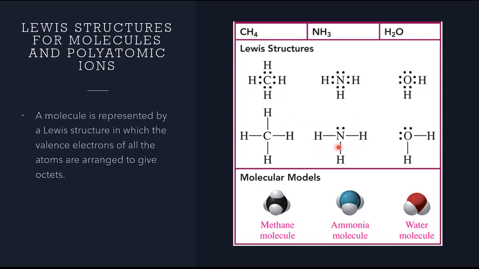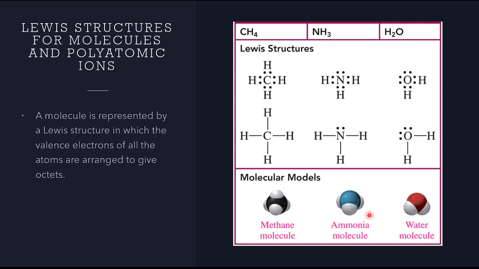Here we are representing the shared electrons through the single line to represent a single bond, and an unshared pair of electrons that exists solely on the nitrogen, or two pairs of electrons that exist on oxygen. From these Lewis dot structures, we can then actually create three-dimensional representations of what these molecules might look like, which will then help us later on to predict the physical and chemical properties of molecules.